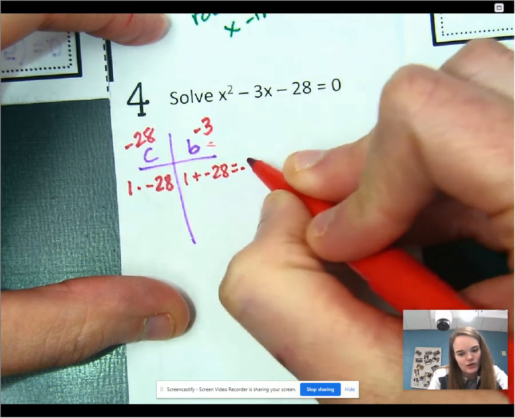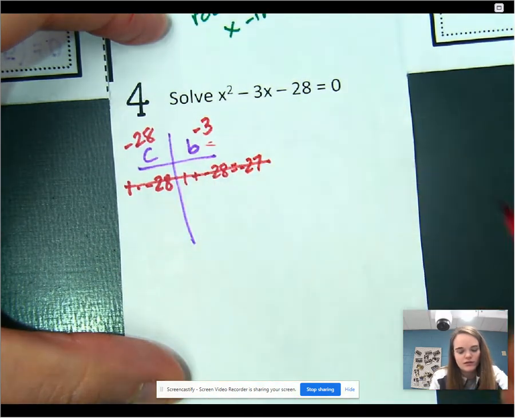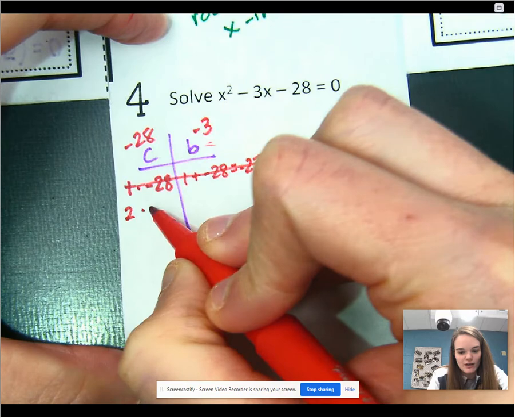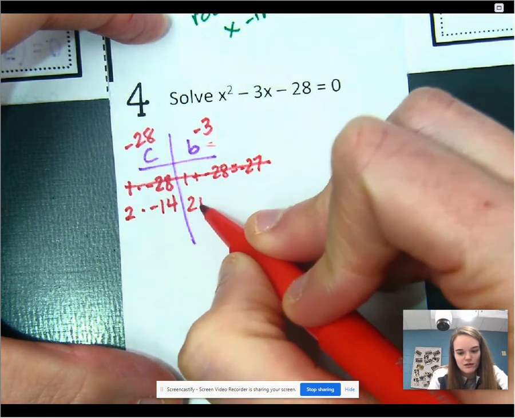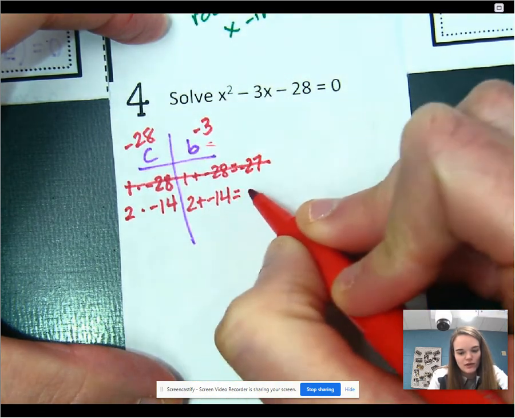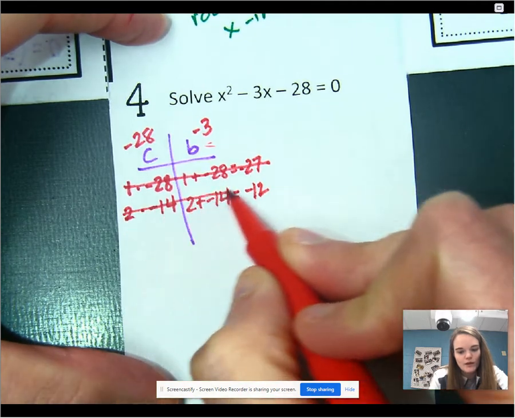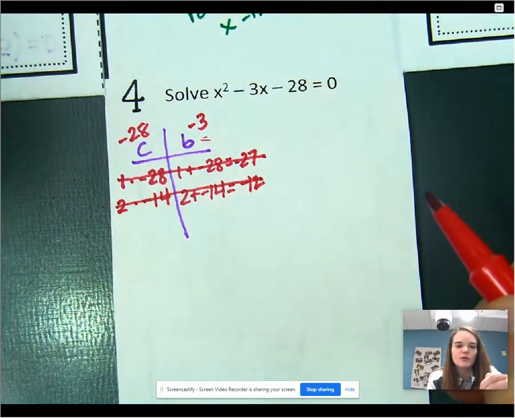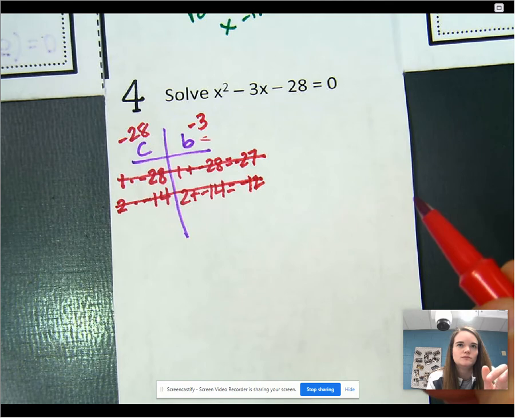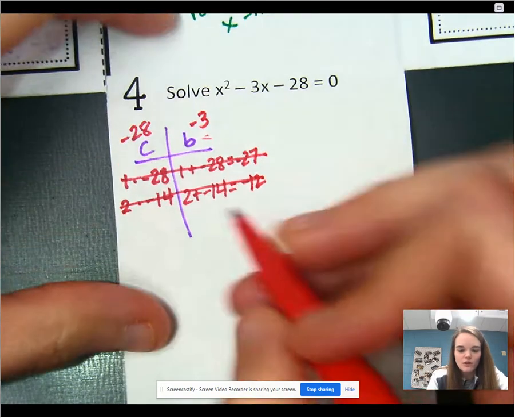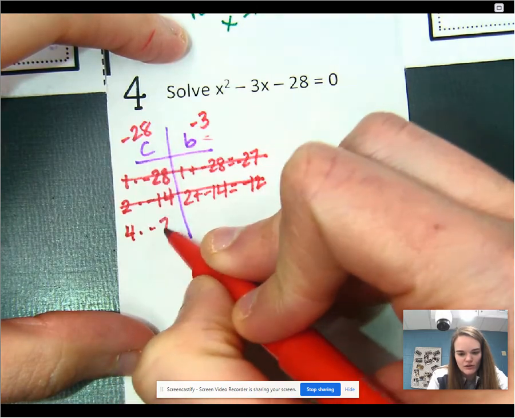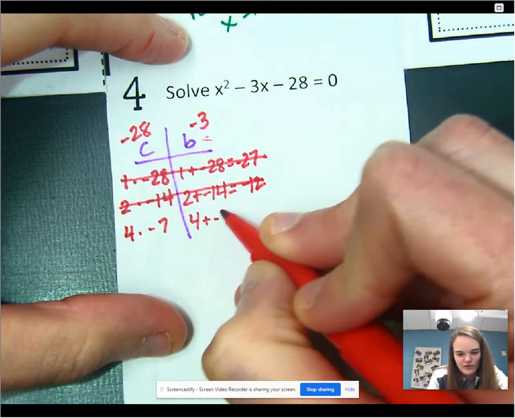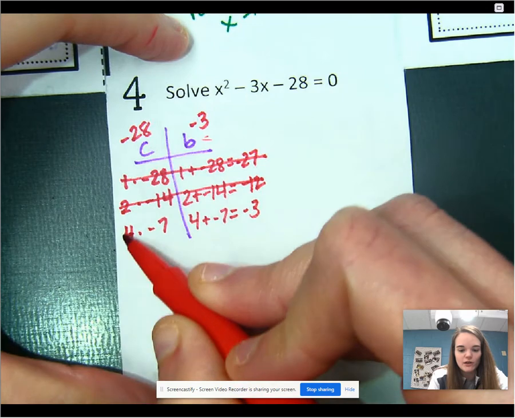And that's negative 27, so that doesn't work. 2 and negative 14. That's negative 12, so no. 3, does 3 go into 28? I don't think so. 4 does. 4 times negative 7. 4 plus negative 7 is negative 3, so that's the one we wanted.